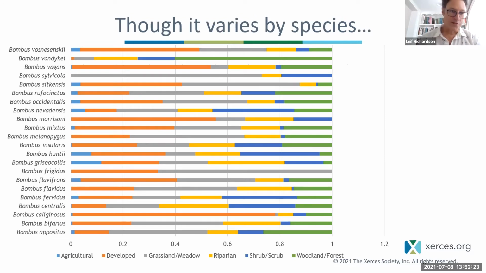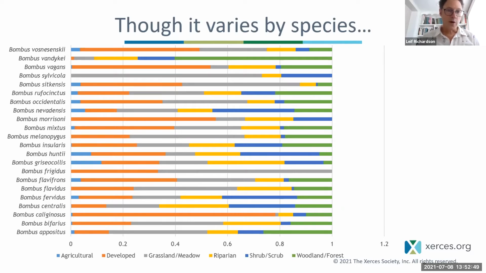This is from the same project, the same data, now broken out by species. We have this messy plot just to show you that the truisms or generalities that I presented in the previous slide are just that, generalities. We see a lot of variation among the species in the types of landscapes or cover that they tend to occur in.